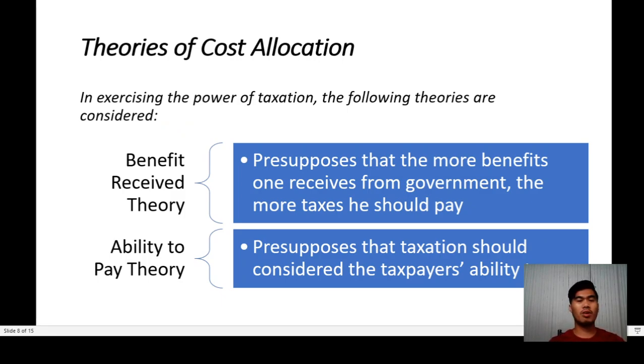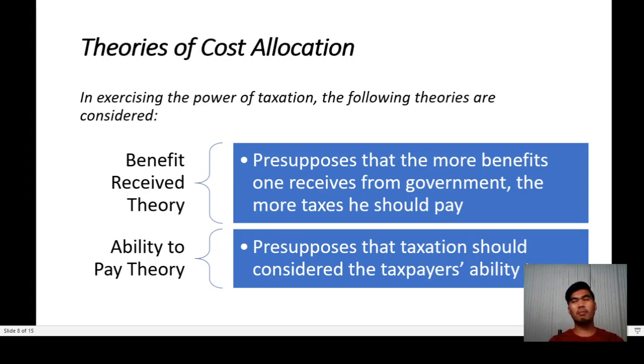So, theories of cost allocation. In exercising the power of taxation, the following theories are considered. One is the benefit received theory, and the other one is the ability to pay theory. Benefit received theory proposes that the more benefits one receives from the government, the more taxes he should pay.